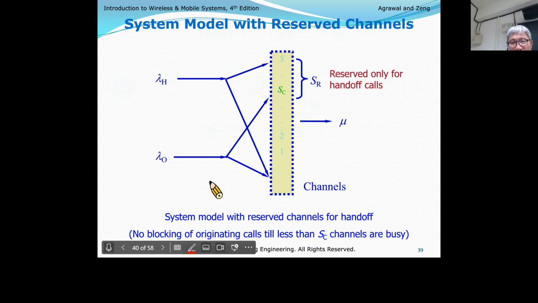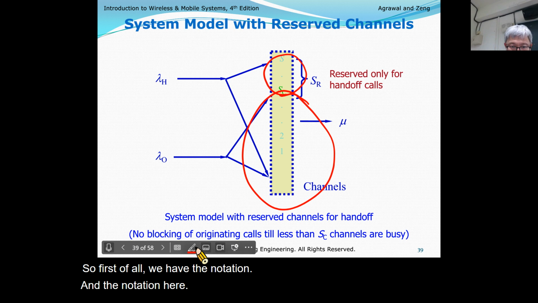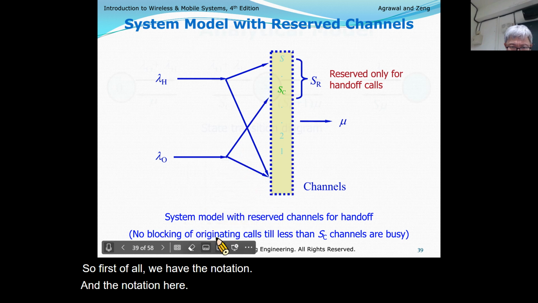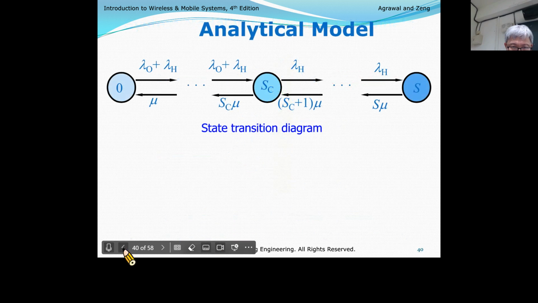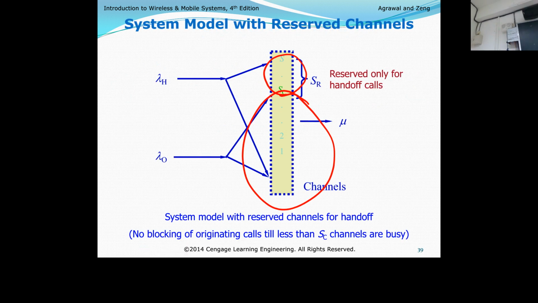First of all, we have the notation here. Actually, we have a number of channels 1, 2, 3 up to SC. So we have the notation SC.